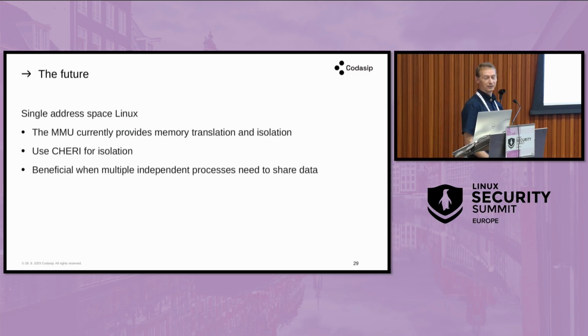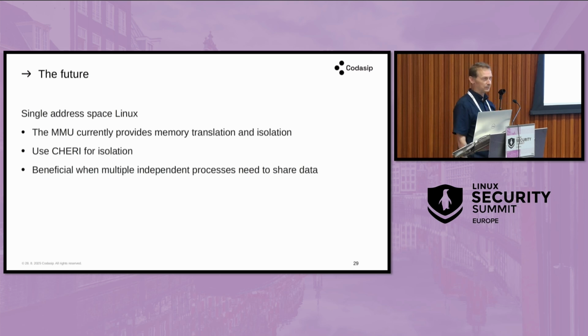The other thing would be single address space Linux. So still using virtual memory, but now again we're separating the role of the MMU from its isolation versus translation role. So we use CHERI to do the isolation, we use the MMU to do translation. Now in particular workloads, this has a lot of benefits.